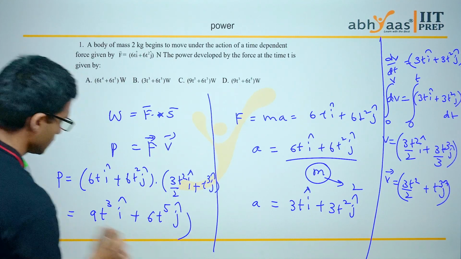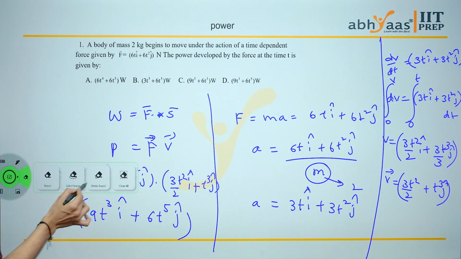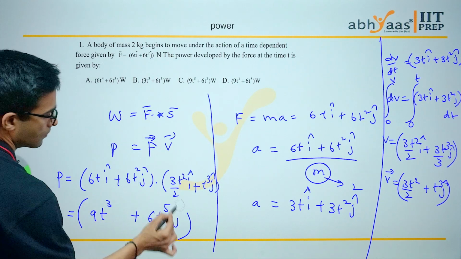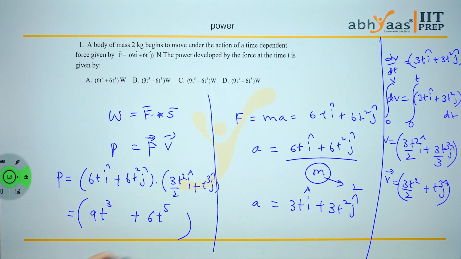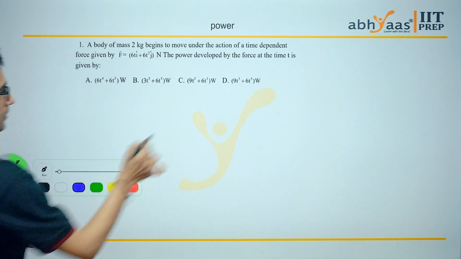This is the answer: 90t cube plus 60t power of 5. Neither i cap nor j cap will be there because i dot i is 1 and j dot j is 1. This is in which units? Watts. Okay, this is the answer.